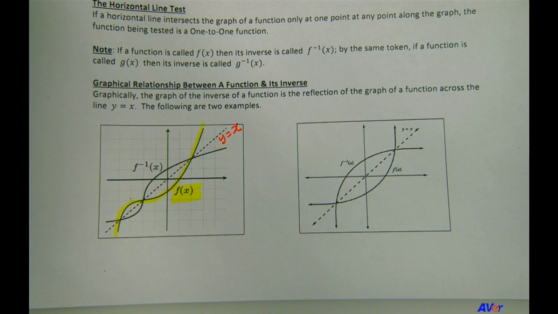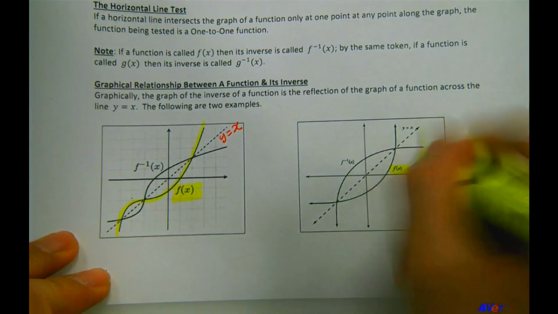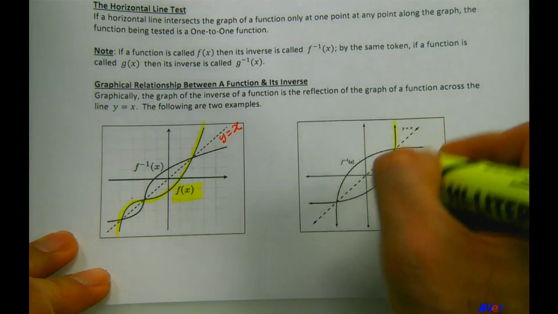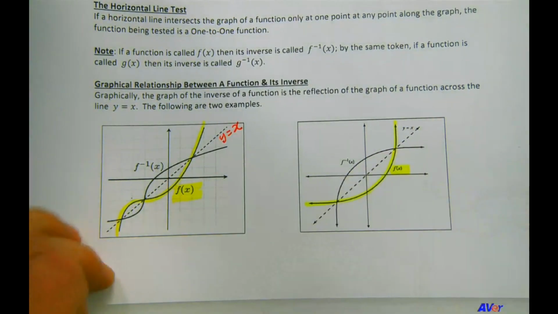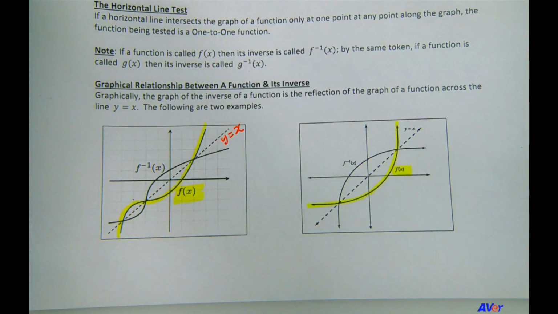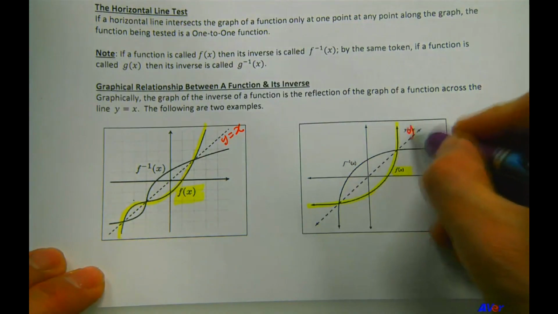So in this one, again, we have the original function, which I'm going to highlight. That's the graph of the original function. And the dashed line, of course, is once again the y equals x line.